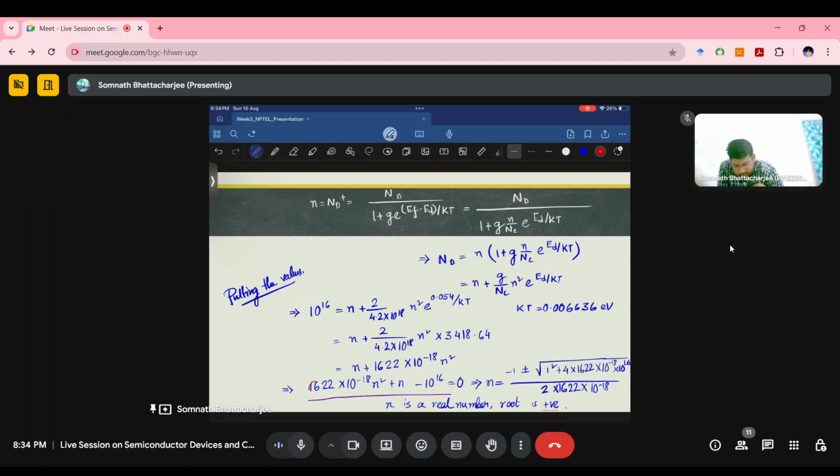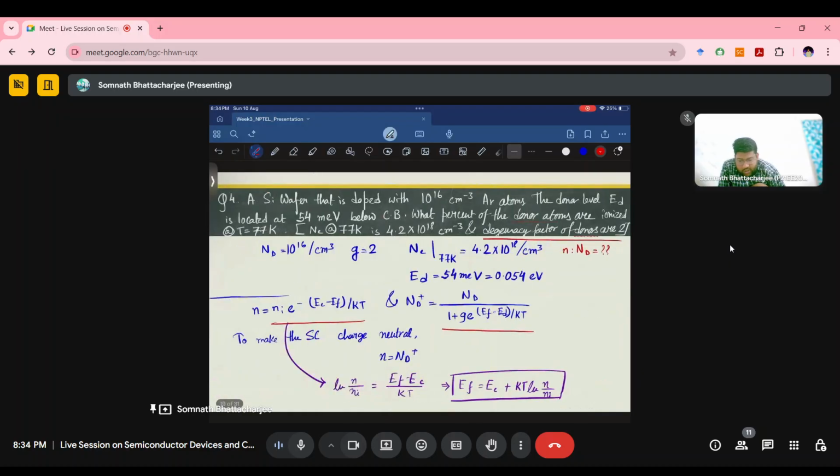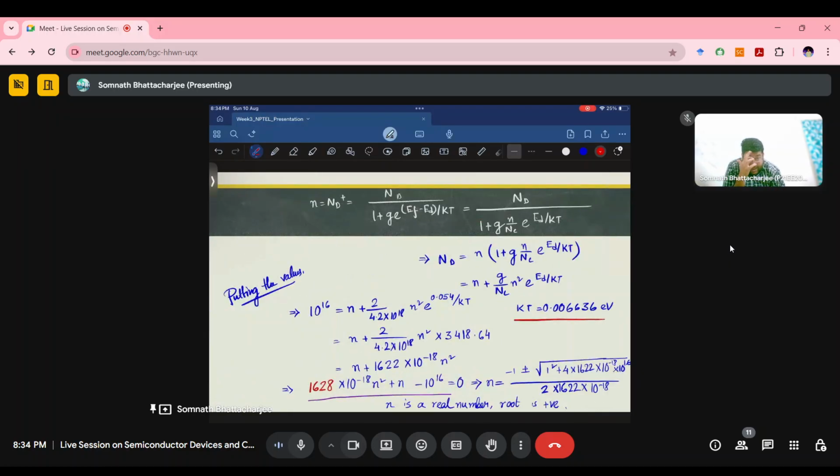So this one would be 1628, right? As we are taking approximation anyways here and there, we are just taking the whole number because it would be easier to solve the quadratic equation.